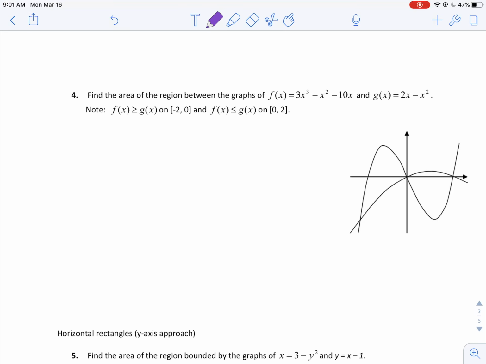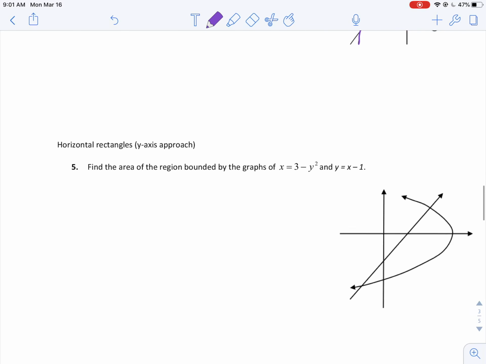Find the area of the region between the graphs of f of x, which is 3x cubed minus x squared minus 10x, and g of x, which is 2x minus x squared. Let's see. So again, f of x is a cubic, so it appears that f of x is this function here.